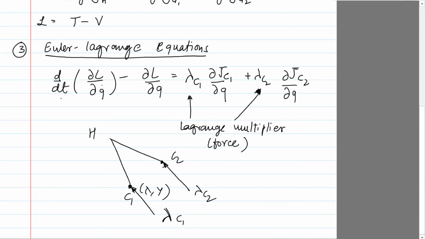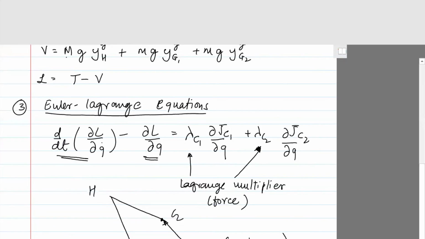Okay, so we've already seen these parts. The Lagrange multiplier is actually an unknown, and so is this one, but you know what the Jacobian is. So what needs to be done is you find the Jacobian, you put it in this equation, and then you know something about it.